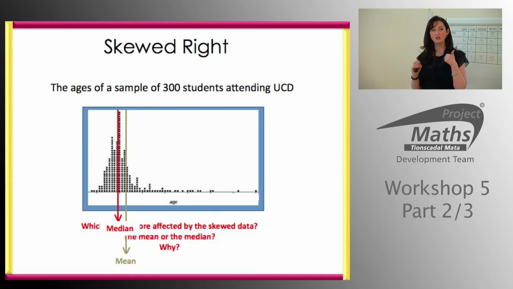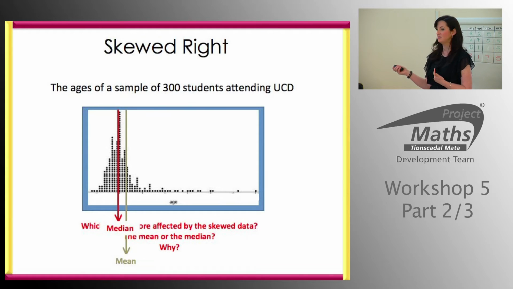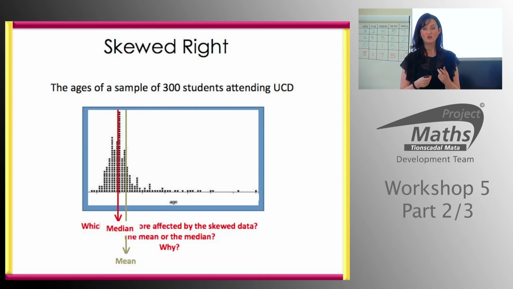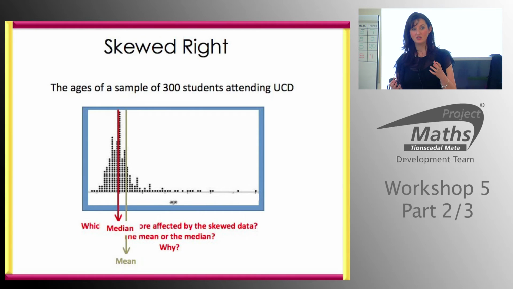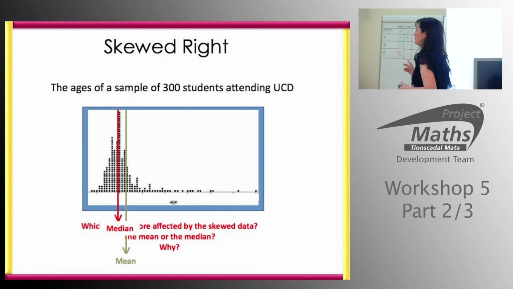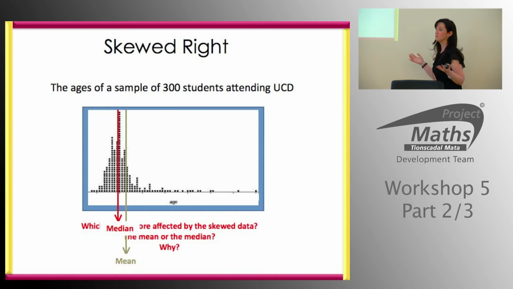Is it going to be the mean, which will be the average age, or is it going to be the median, which is the middle person in this distribution? Which do you think is going to be most affected by this tail of people? Which do you think? It's hard, isn't it? Really hard. So what I think is, let's take the median.